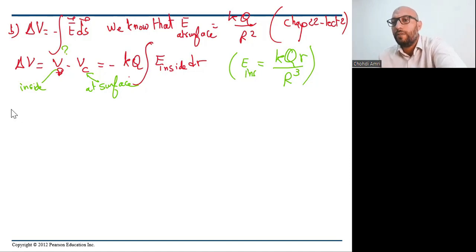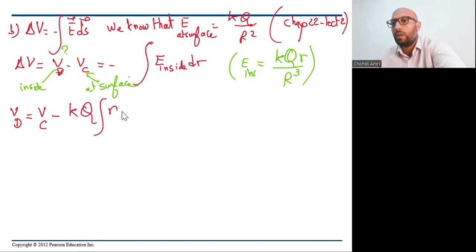So we can say that VD equals VC minus KQ, the integral of r dr, over R cube.